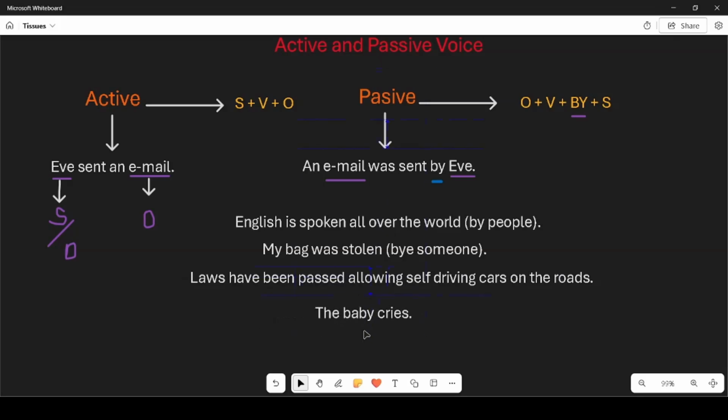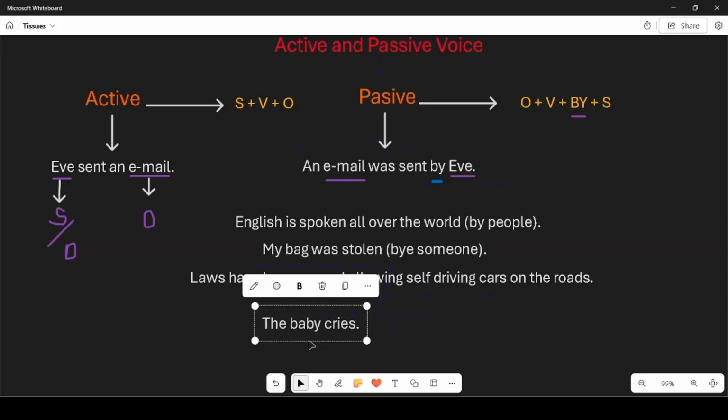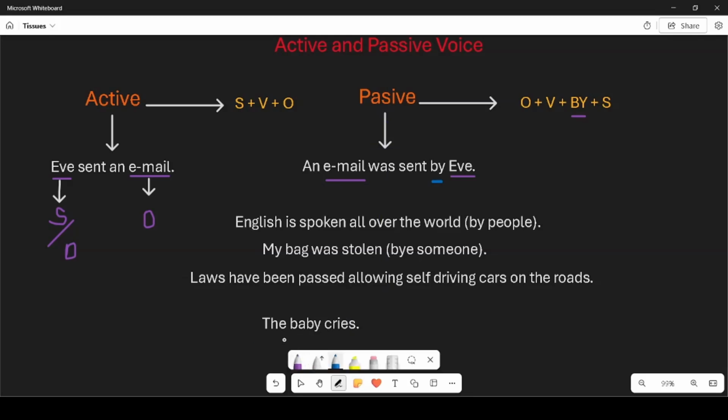Now, this sentence doesn't have an object. We have a subject, the baby, and we have a verb, cries. But we don't have an object over here, so we cannot convert an active voice into a passive voice.